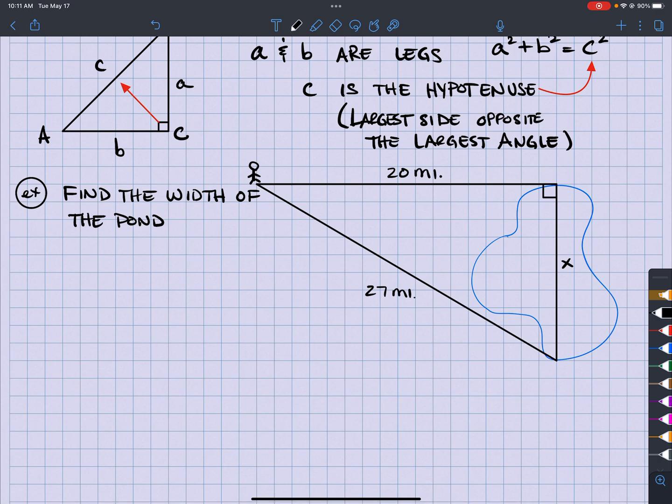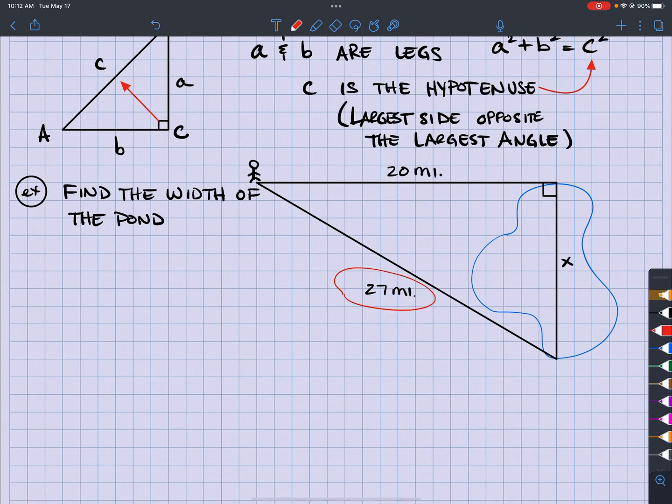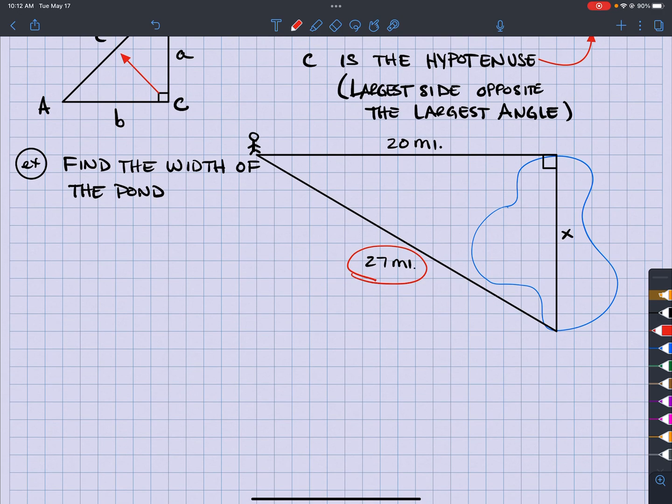So what do I have? Which one of these is the hypotenuse? And again, this would be my hypotenuse.